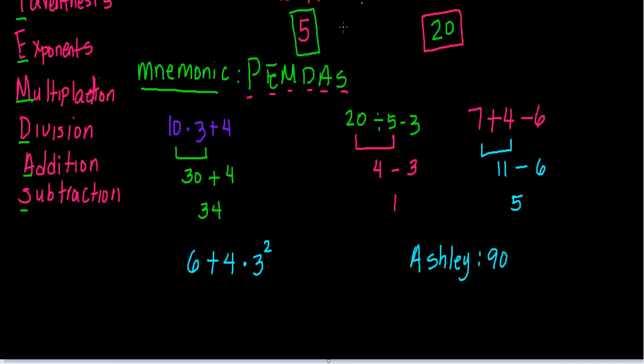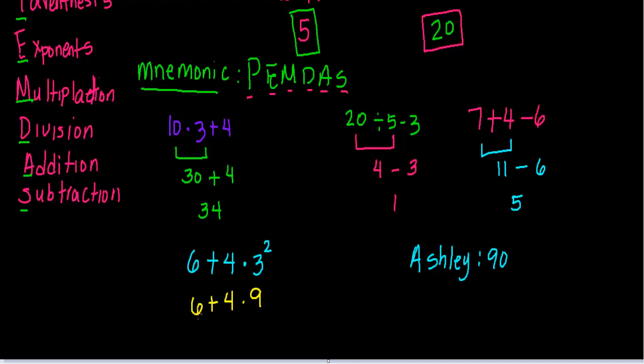Okay, we're back. Now, if I follow the order of operations for this problem, the first thing I need to do is parentheses. There's no parentheses here. So the next step is exponents. I do have an exponent here. Let's work that exponent out. 3 squared is 9. Bring everything else down. And now I have a new expression.